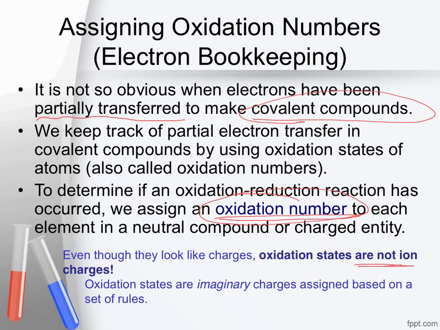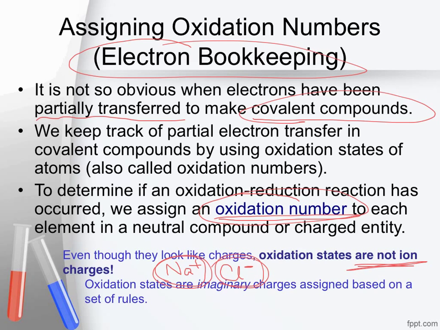They are not charges. In NaCl, the plus and minus signs you see here are truly charges. They mean this sodium has totally lost an electron, this chlorine has totally gained one. Oxidation numbers are what we call electron bookkeeping. It's kind of a game we play just to keep track of electron movement.